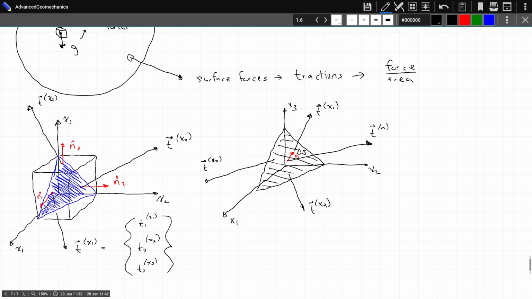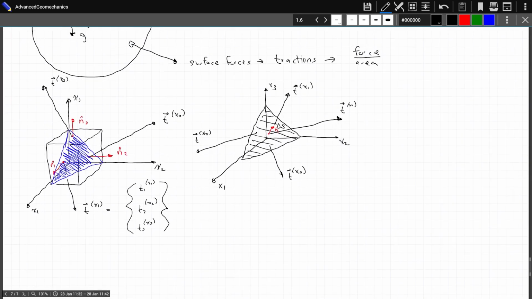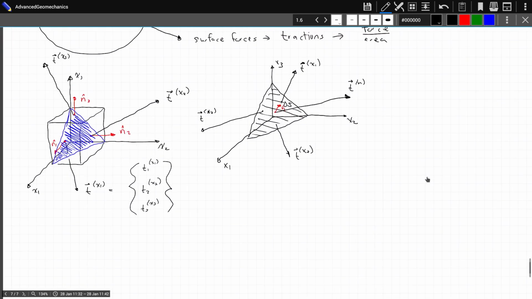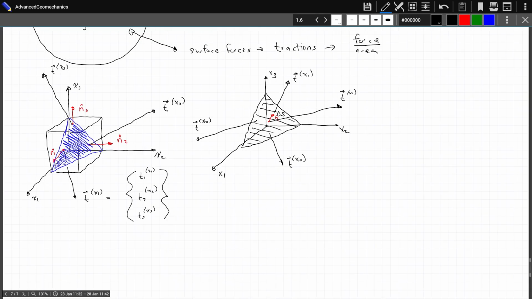All right. So remember what I said earlier? Whenever you don't know what to do, write down F equals MA. So let's write down F equals MA. We're writing the forces that act on this tetrahedron.